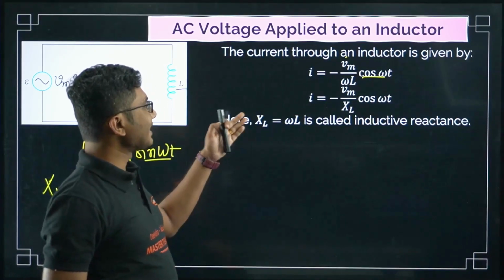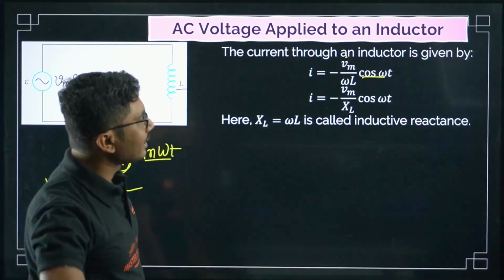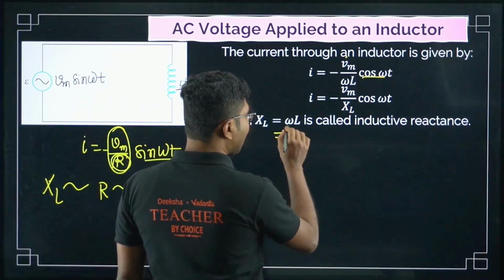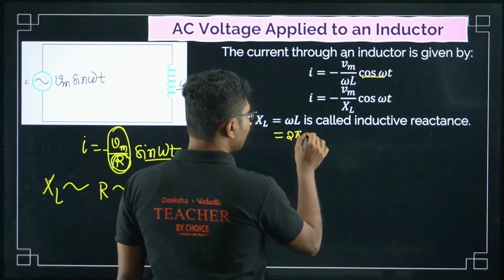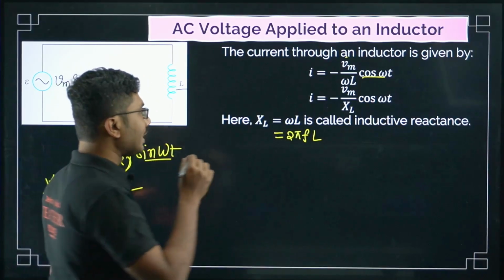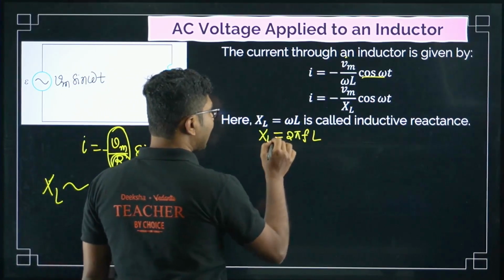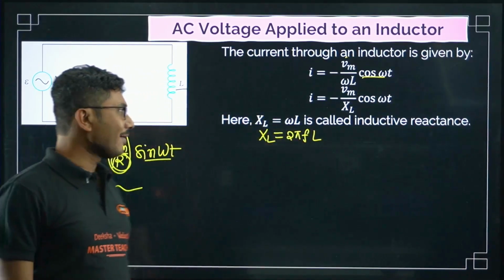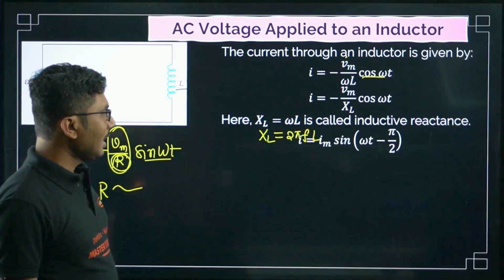And here XL equals omega L is called the inductive reactance. As I said, omega is basically 2 pi f, so in most cases the frequency will be given. So whenever you want to calculate the inductive reactance XL, you have to use XL equals 2 pi f into L.